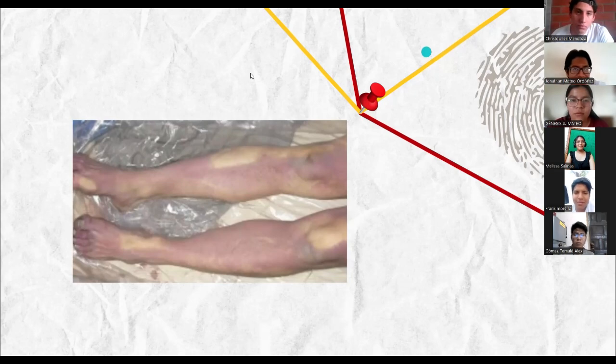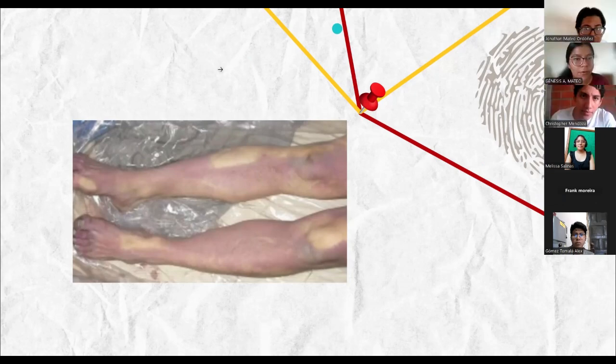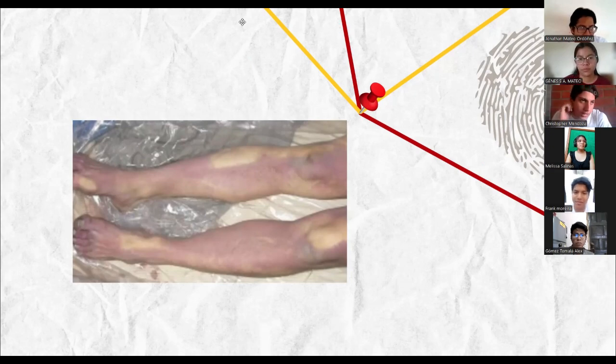Hey, Christopher, please tell us. The type of phenomenon is livor mortis. Yes, but why did you choose this phenomenon? In this phenomenon, the skin changes because the blood flow has stopped.